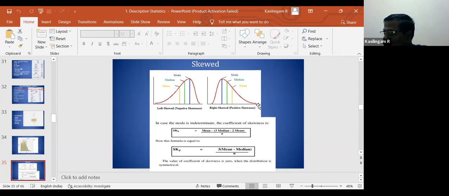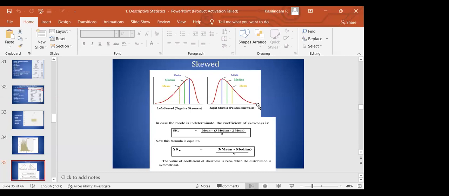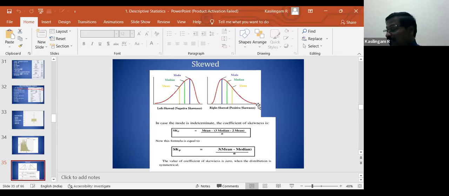So in the lower side, the range is 14. Yes or no? 32 minus 18.